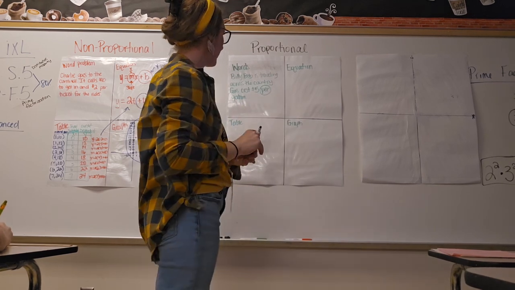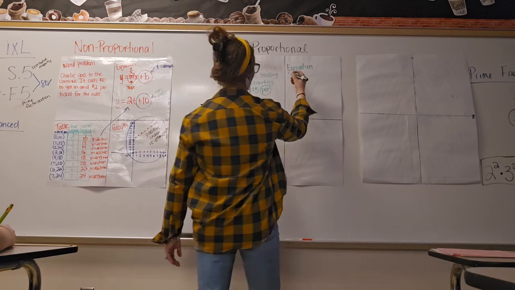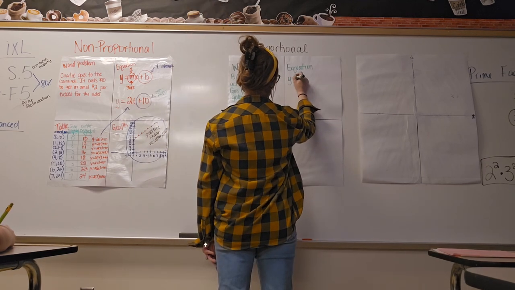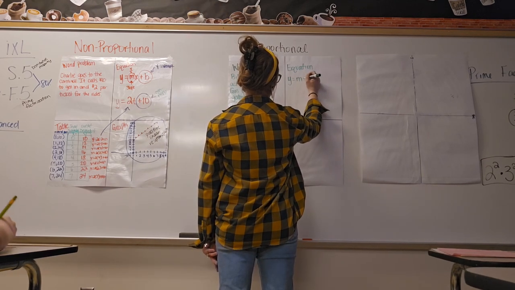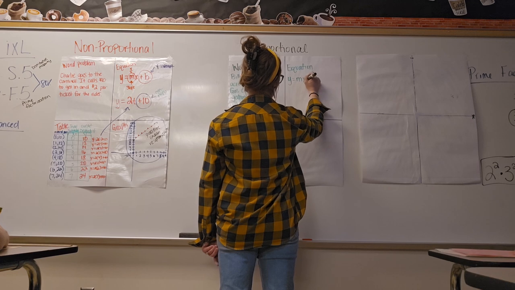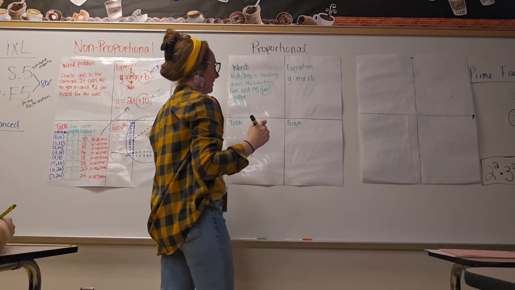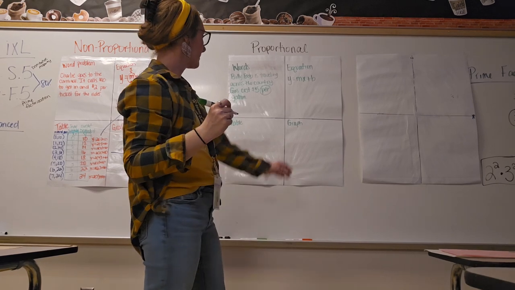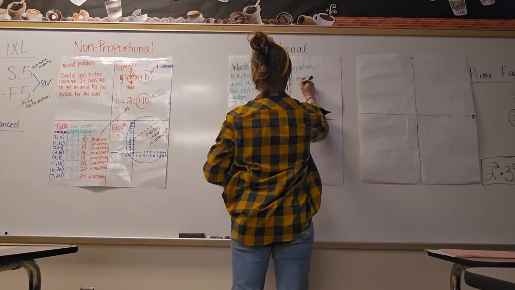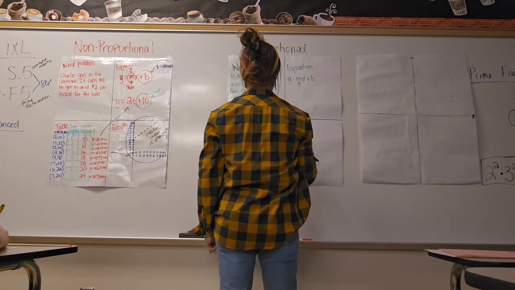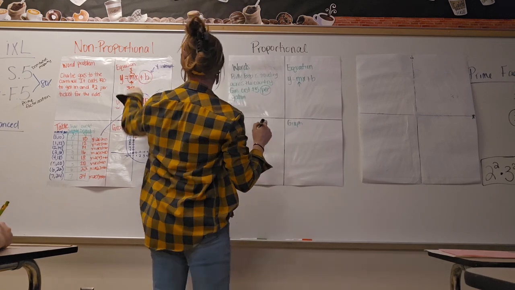All right, so whenever we are writing our equation, remember it has to be y equals mx plus b. So this right here signifies our what? What is this called? Let's look at yesterday. This is our slope.